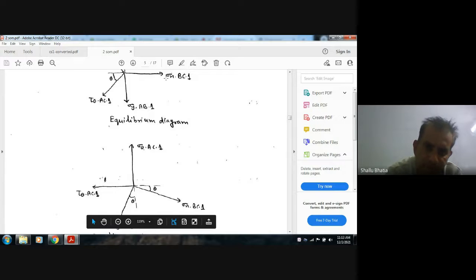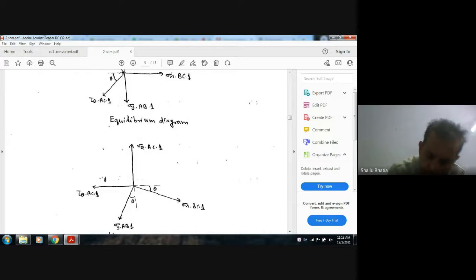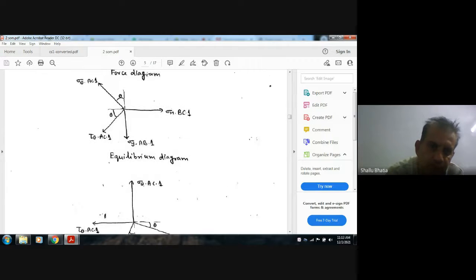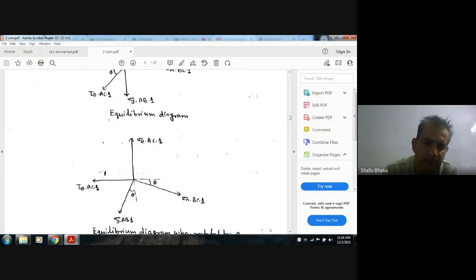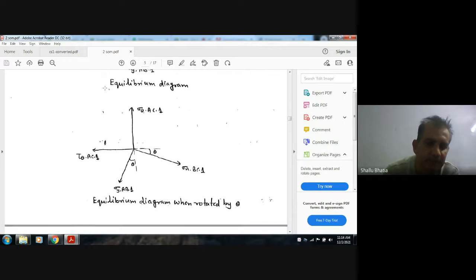This will come at angle theta, this will also come at angle theta, this will be horizontal, and this will be vertical. The purpose of the rotation is to bring sigma theta and tau theta to the vertical and horizontal positions, so that we can resolve all the forces and find sigma theta and tau theta.